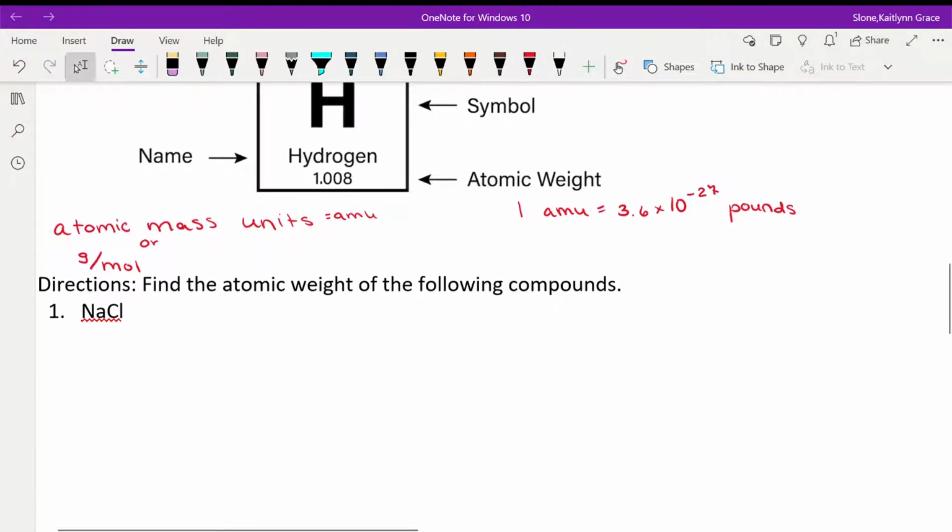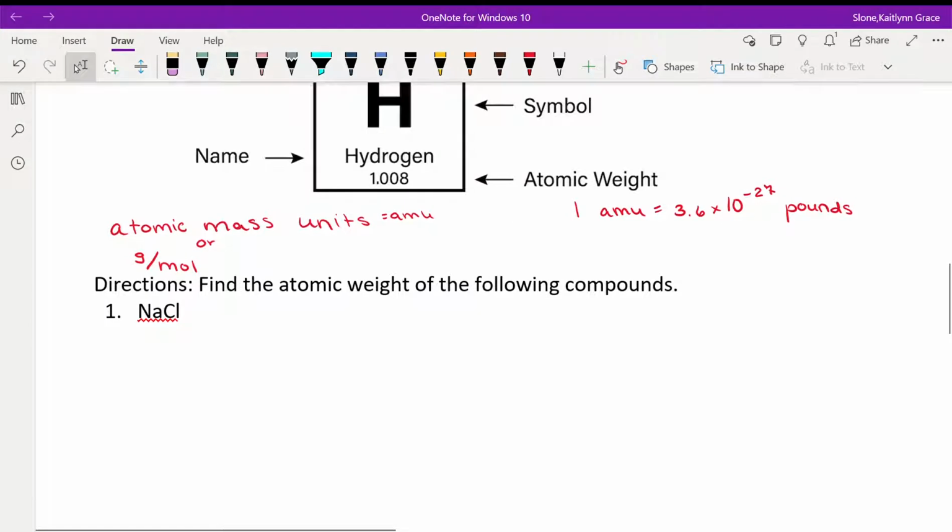So moving on, finally, we're going to get into some examples of how to calculate atomic weight or molar mass. Like I said, you just add up the atomic weight of each of the atoms that are found in that compound. The first one here, we have sodium chloride, or NaCl.